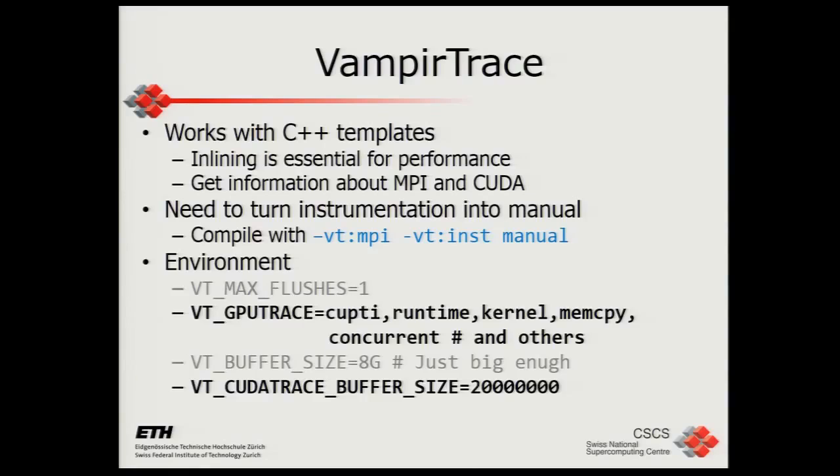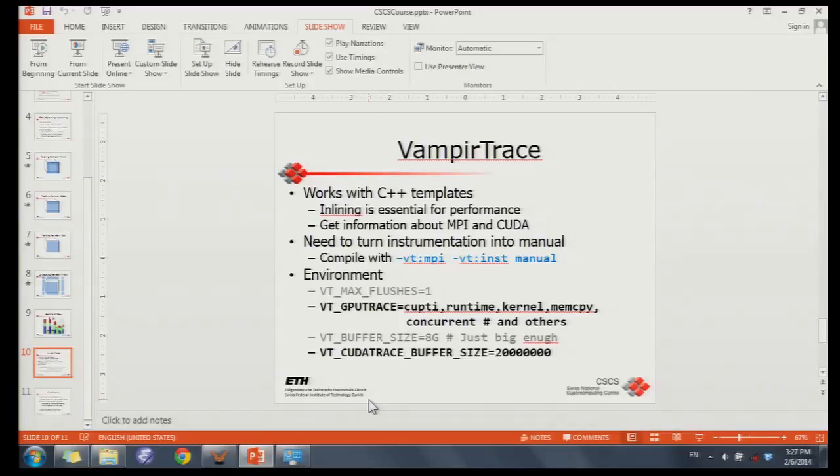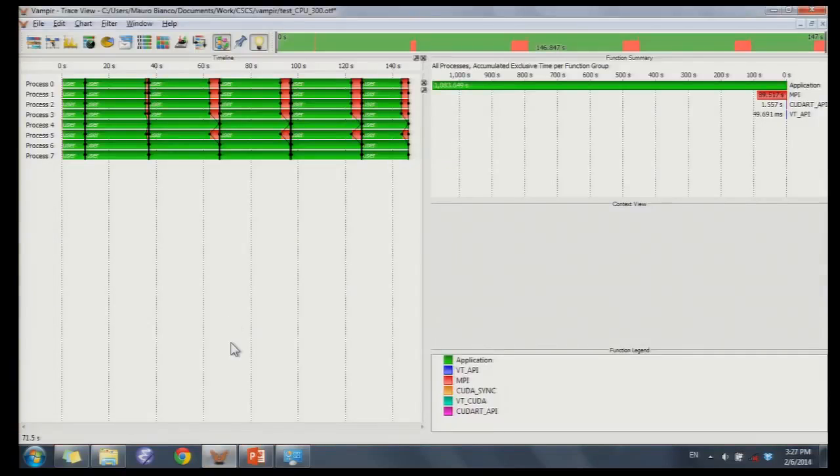So let's see a real demo example with Vampir. When you run the CPU version, the one that doesn't use the GPU, what you see is that we are running a benchmark with a 300 by 300 by 300 array with 5 elements of halo all around, and we have 8 MPI tasks. What we want to do is just this halo exchange, and then check if the data arrived correctly.